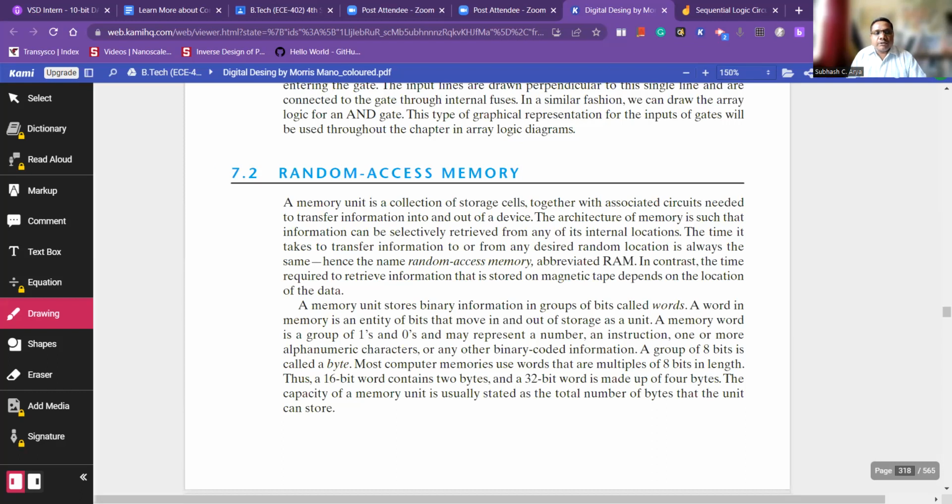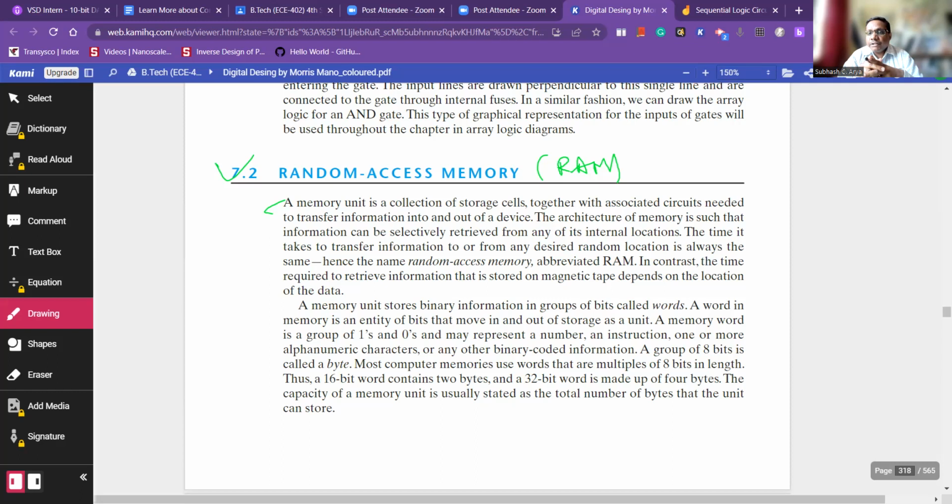Now coming to 7.2, random access memory, that is called RAM. A memory unit is a collection of storage cells, as we have seen, together with associated circuits needed to transfer information into and out of the device.